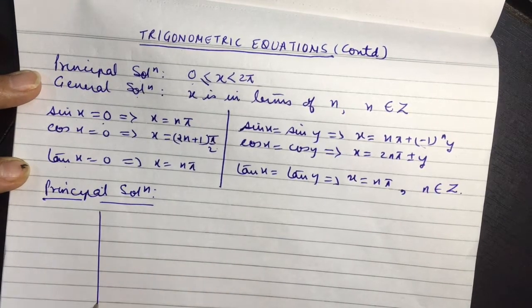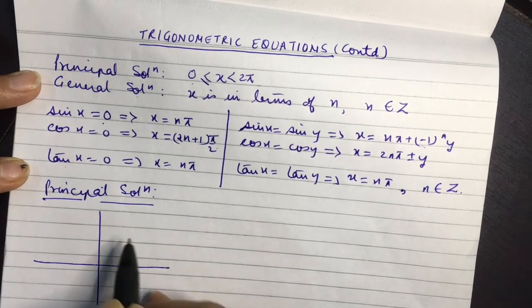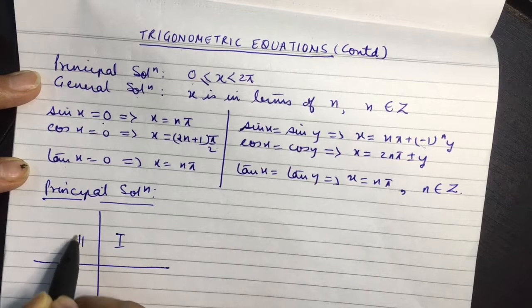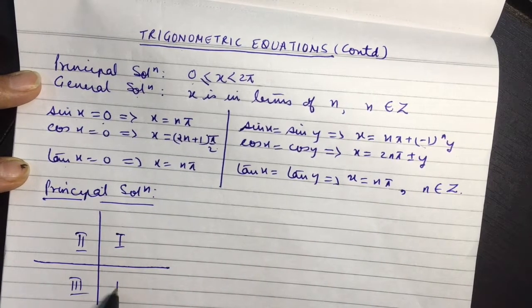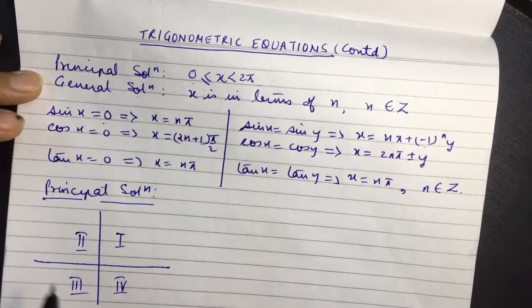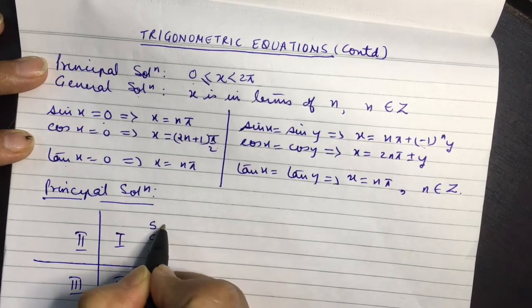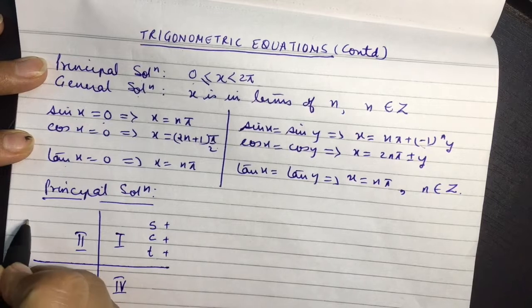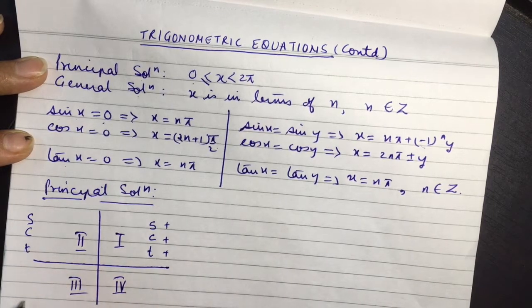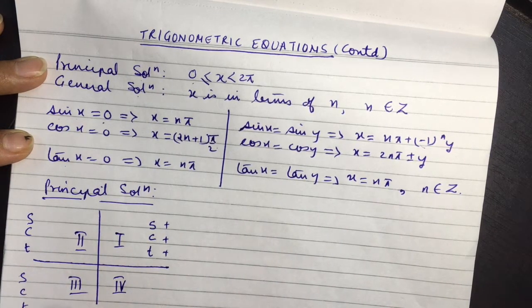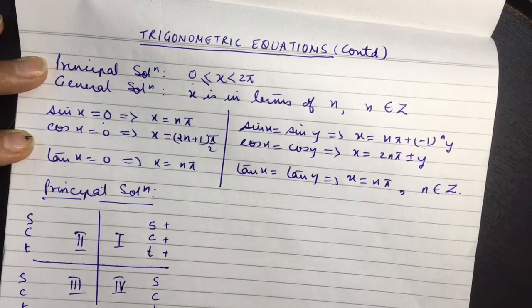So let us now consider the 4 quadrants. We all are aware that in the first quadrant, sine, cos and tan all are positive. Let me first write down sine, cos and tan.